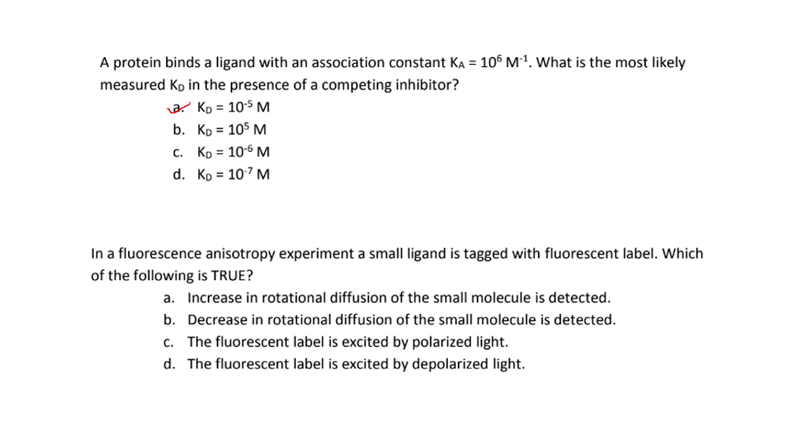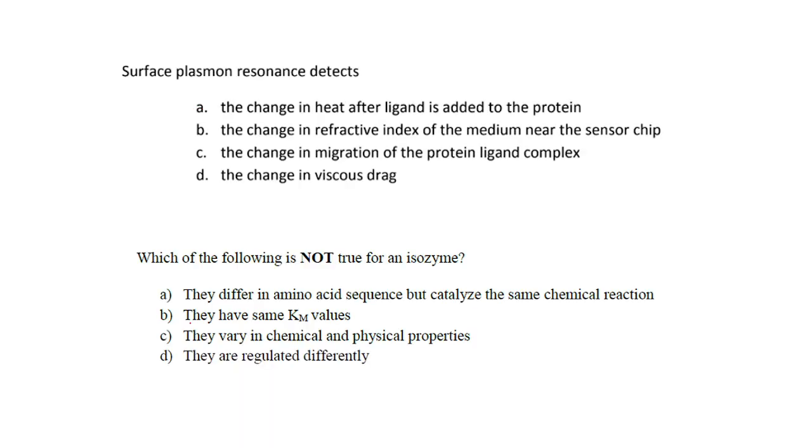An increase in the rotational diffusion of the small molecule is detected. No, the decrease is detected, and the fluorescent label is being polarized. So B and C are correct. Okay, surface plasmon resonance detects the change in heat, or the change in migration of the protein? It's the change in the refractive index.